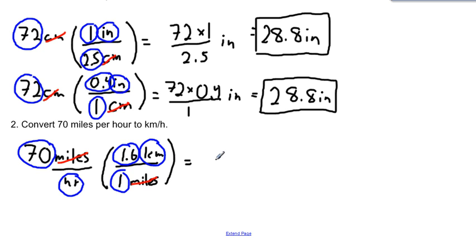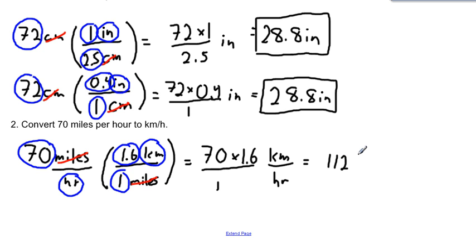We'll write down what we're going to put into our calculator here: 70 times 1.6 divided by 1, and my units, kilometers, are in the numerator, hours in the denominator. If we type in 70 times 1.6, we can see that this is equal to 112 kilometers per hour.